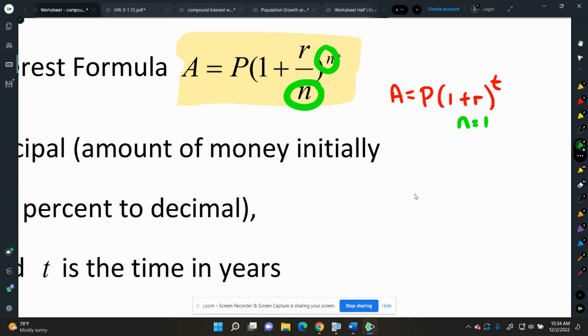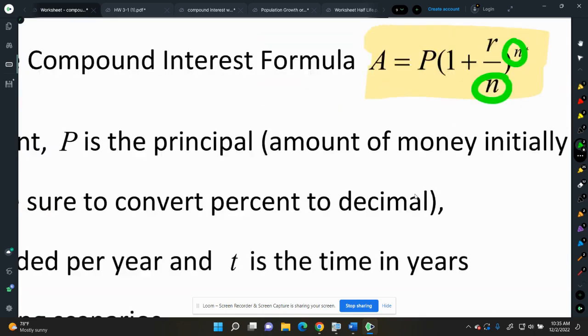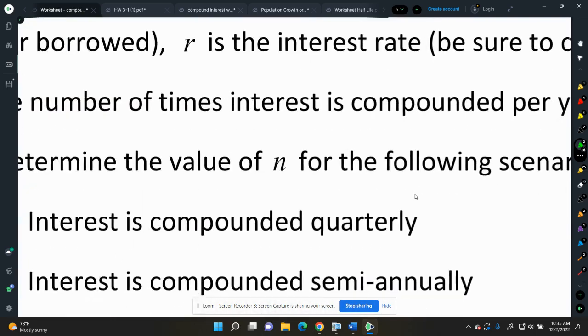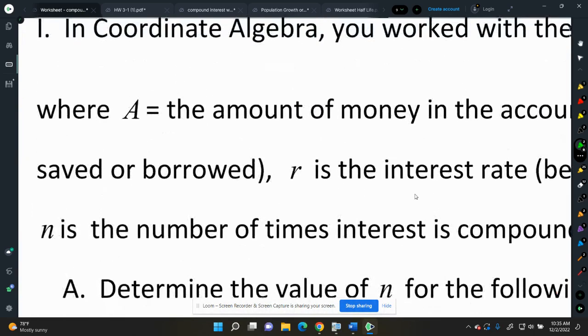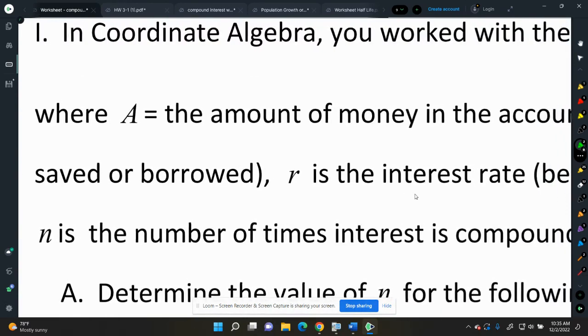What does the N stand for? Number of compounds per year. The N stands for the number of times that the interest is compounded every year.